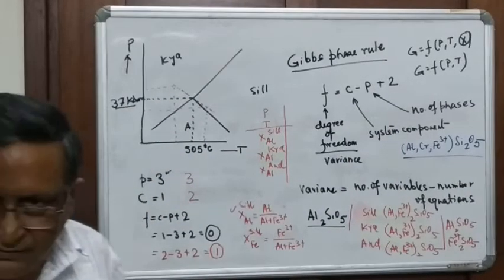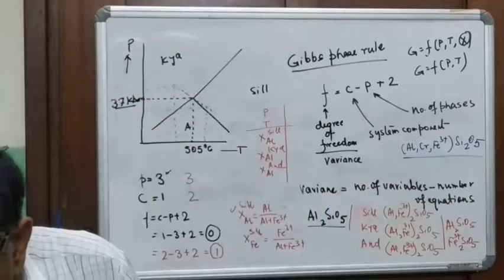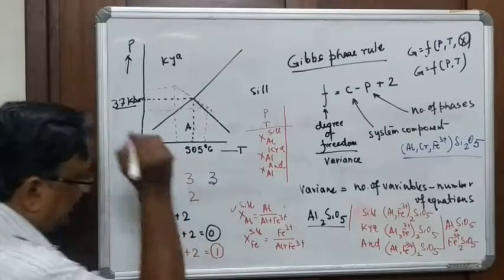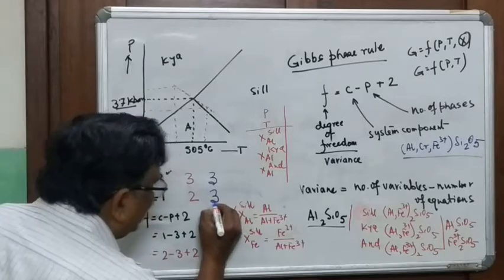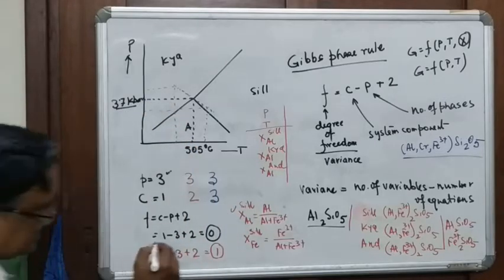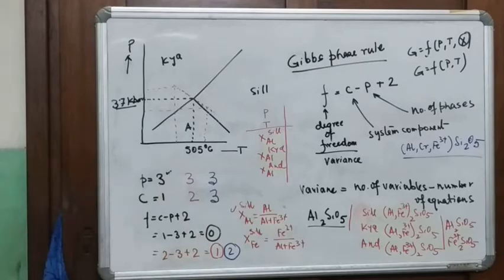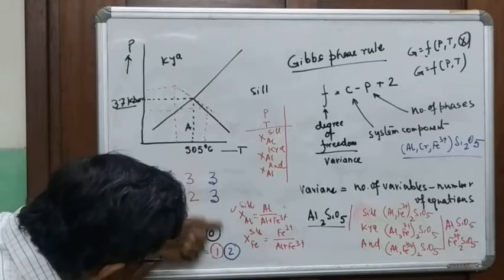This is my blue pen. Your sillimanite could contain chromium. And if you do that, then you can see C now is equal to 3. This now becomes equal to 2. And have you understood? 3 plus 3 plus 3 plus 2.